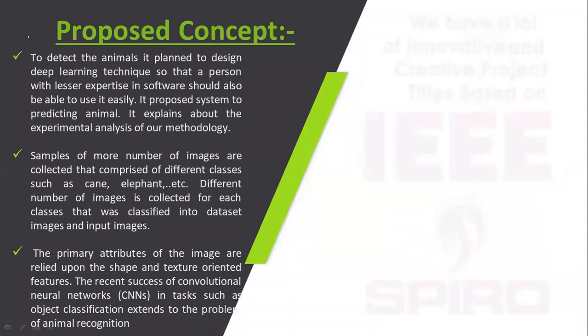In our proposed system, we are going to collect the input images, that is, the data set of different types of animals. After collecting the data set, we will use a CNN algorithm. In CNN, we will use LeNet, which is one type of CNN algorithm, to build the model.